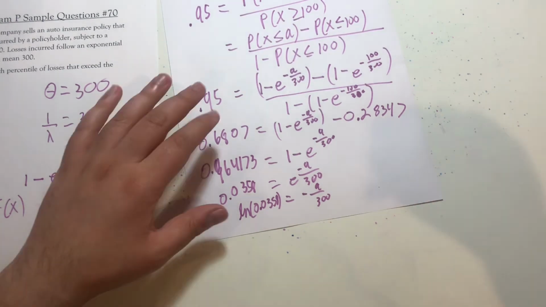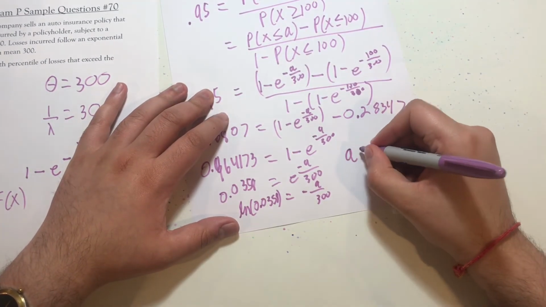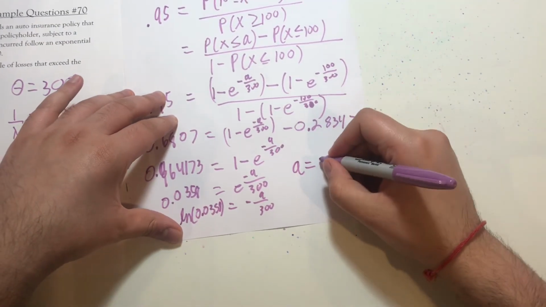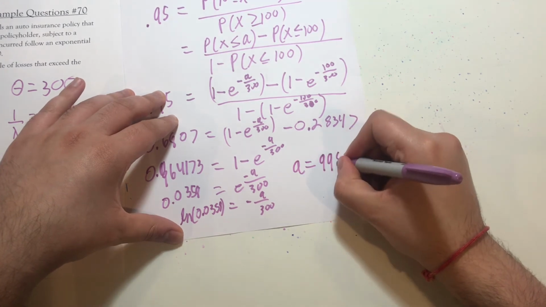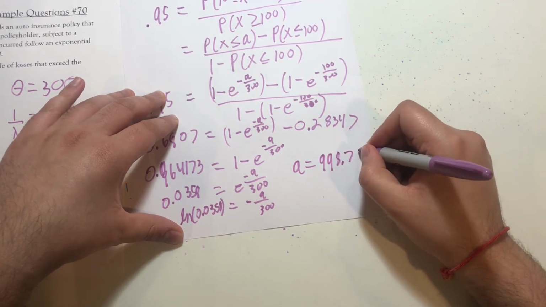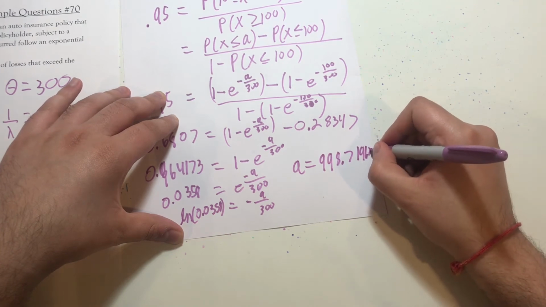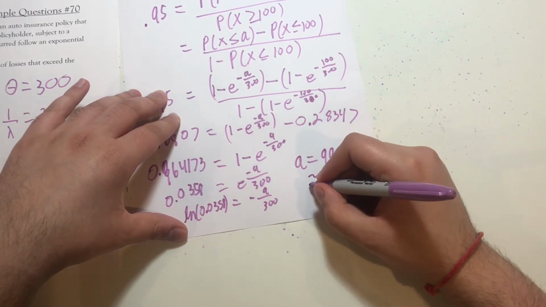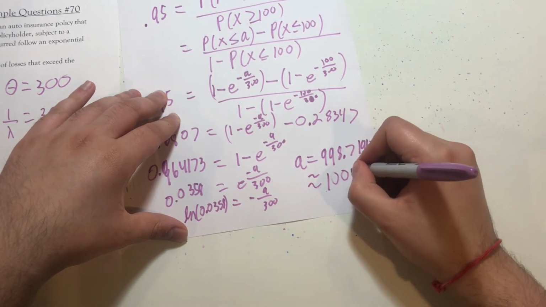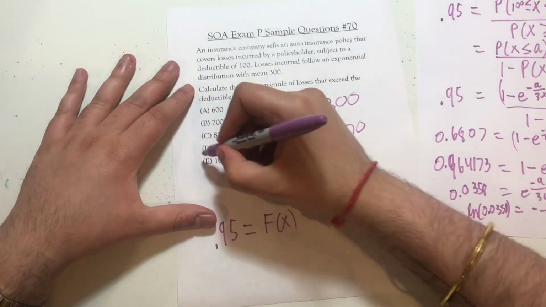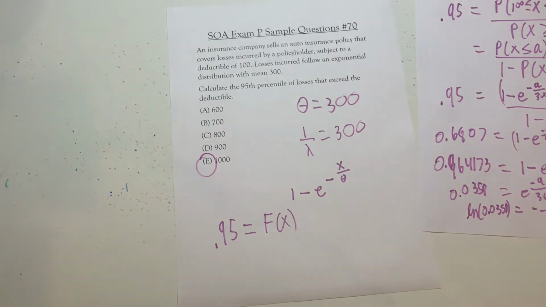And what I get is a equals 998.719678, which is approximately 1,000. Answer choice E.